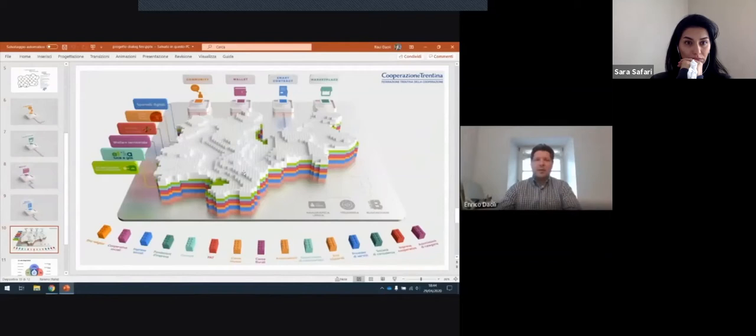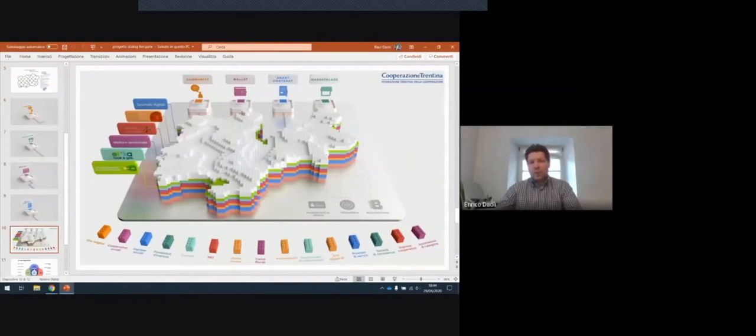Coming to the analysis of the actors of the network, we can see that at the core of the whole there is the Federazione Trentina delle Cooperative, whose role is that of connecting different sectors, such as the public administration, the market, the civil society, and the third sector.